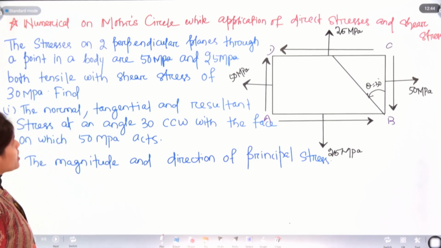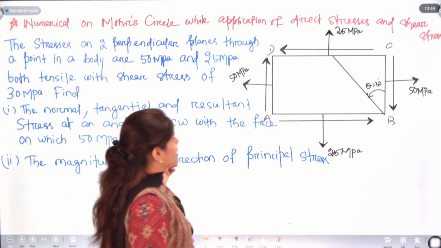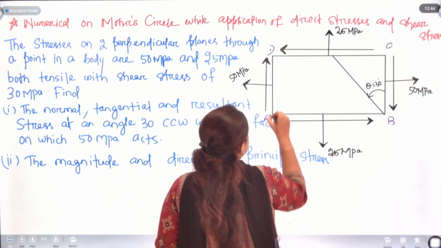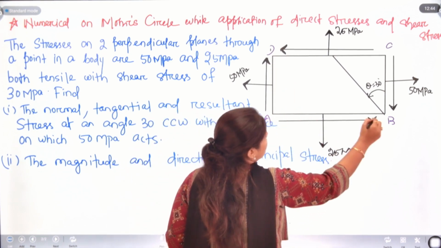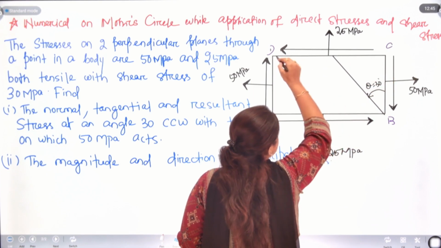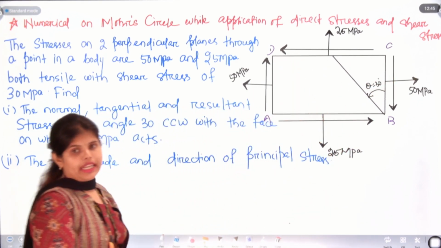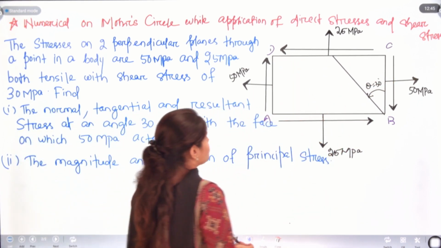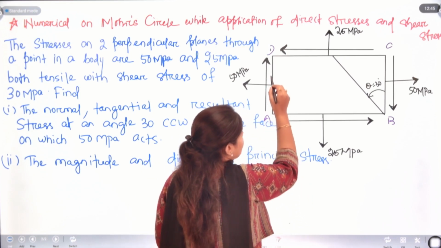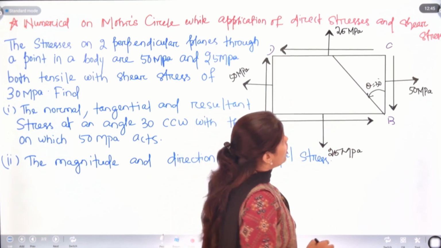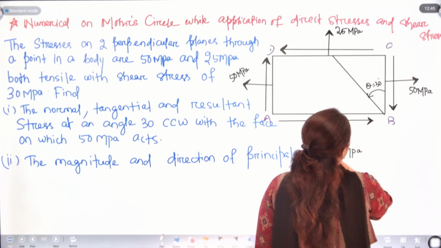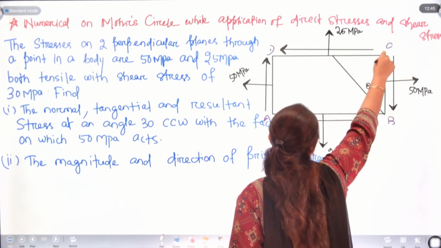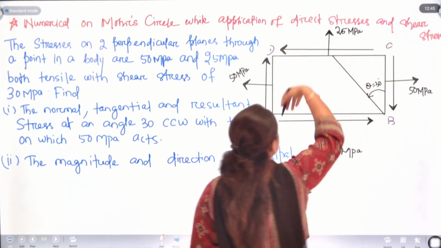First, the stresses on two perpendicular planes. You can say this AD will be one plane, AB will be a plane, BC, CD, these are the planes. You can see this AD is perpendicular to AB, also BC is perpendicular to AB and CD will be perpendicular to BC and AD.